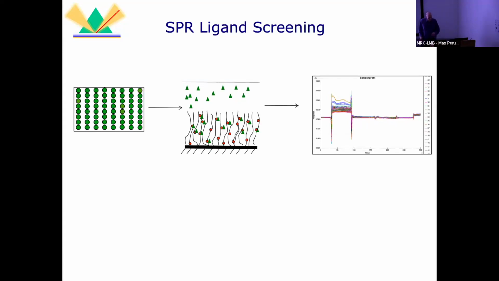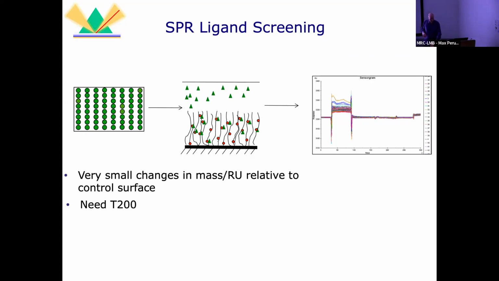For SPR, you can do ligand screening as well. This is some data from Javier. The problem is, of course, if you're screening a library, you're going to get very, very small signals, so everything has to be very much controlled, and you need a sensitive Biacore.